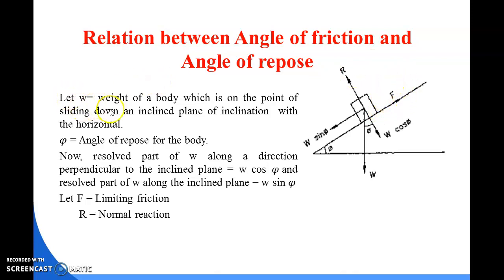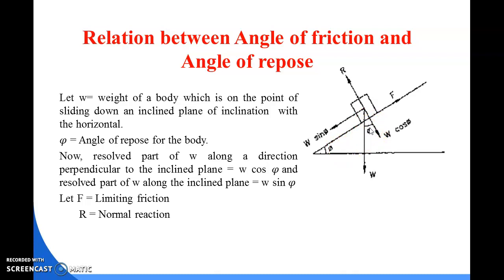So let W be the weight of the body which is on the point of sliding down an inclined plane of inclination phi with the horizontal, and this phi is the angle of repose for the body.